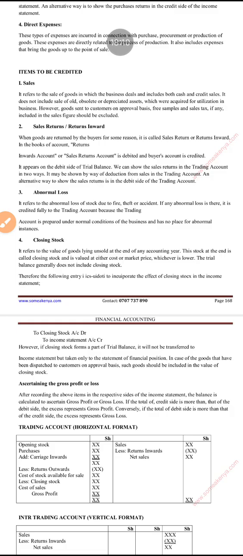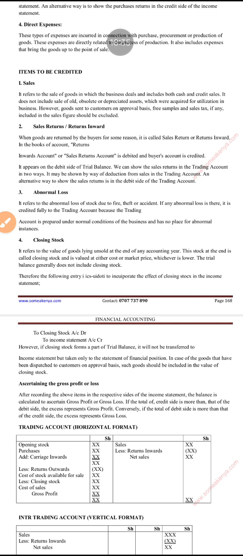Therefore, the following entry is to be incorporated to reflect the effect of closing stock in the income statement.